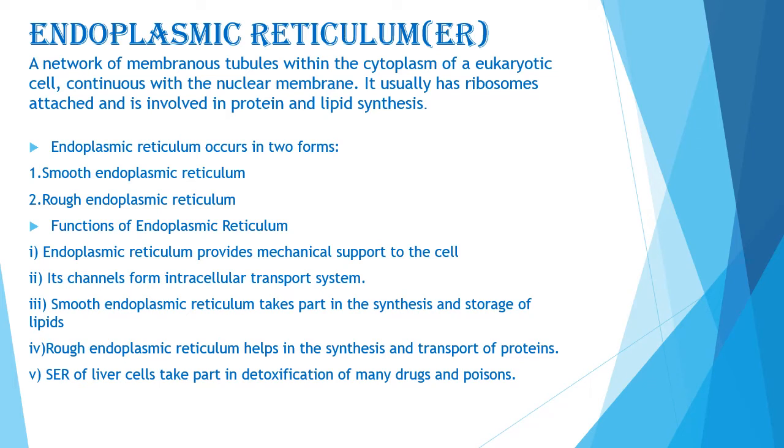So how are they helping in membrane biogenesis? As I told you, smooth endoplasmic reticulum takes part in the synthesis of lipids, and rough endoplasmic reticulum helps in the synthesis of protein. And the cell membrane is made up of lipids and proteins. So that is why they help in membrane biogenesis.